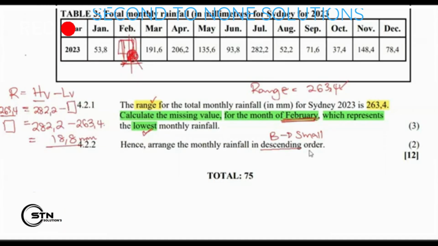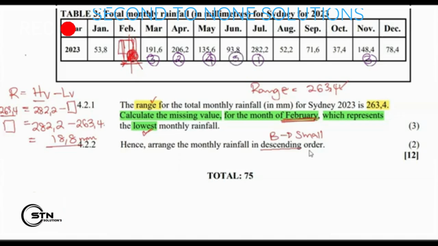So since we are looking for the biggest, we said this is number 1, biggest, followed by this, followed by this. So far we are at 135.6. So 135.6, which follows, we have a 93, this becomes 5.